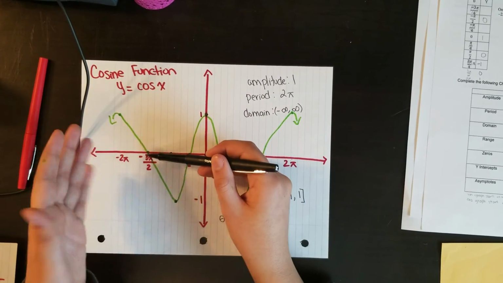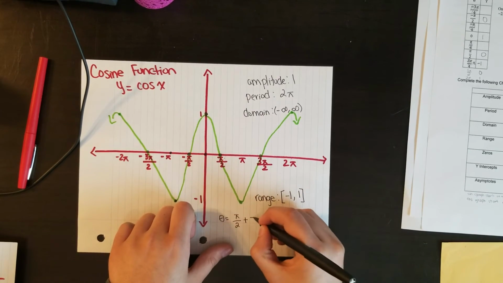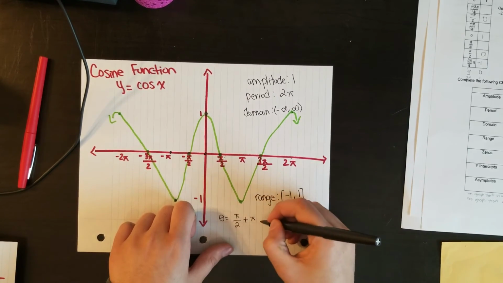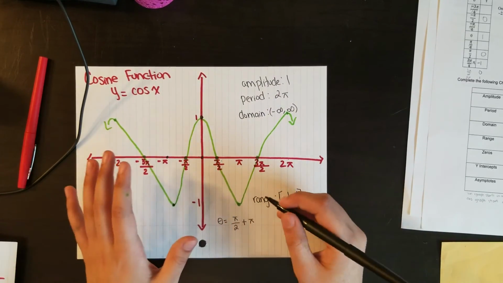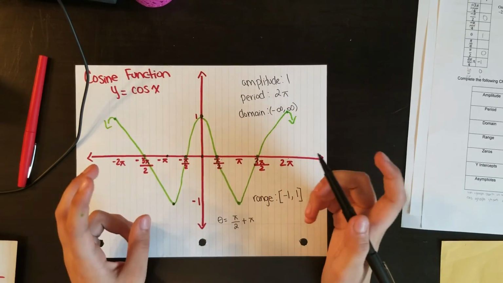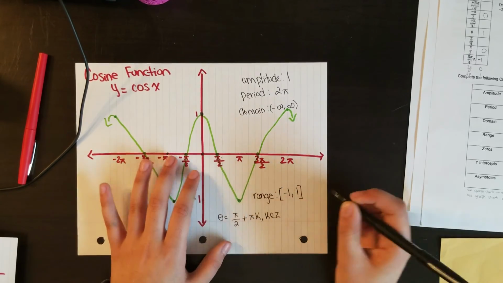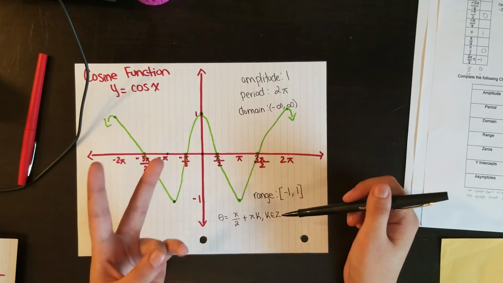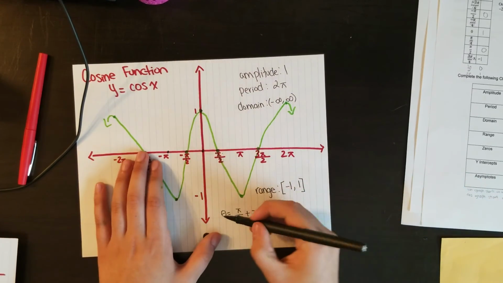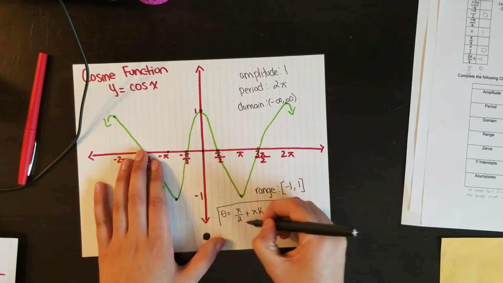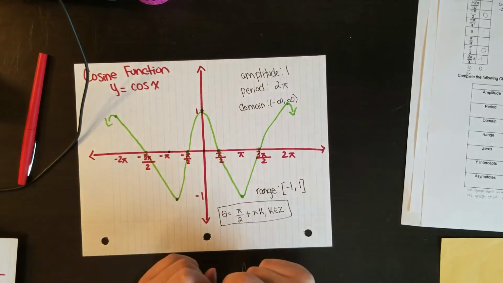Subtract pi again, I'm going to get an x-intercept. So I know an x-intercept is happening every pi, for however many pi's I want to add or however many pi's I want to subtract. That however many is an unknown variable, and I'm going to call that k. And k is an element of the integers, because integers can be negative or positive, because I can add pi or I can subtract pi. So that's going to be my general solution for my x-intercepts or my zeros or my roots of the function.